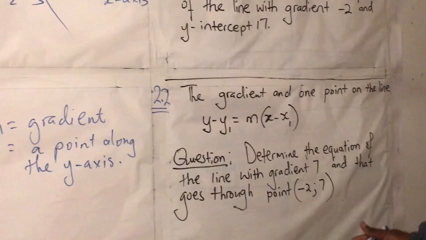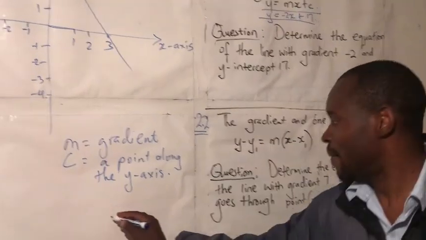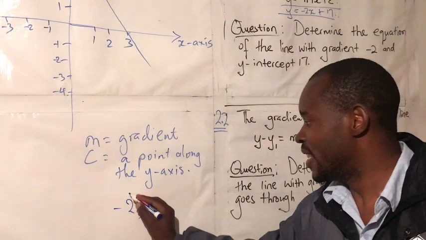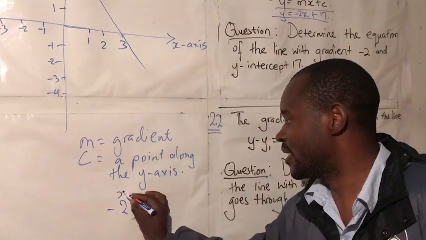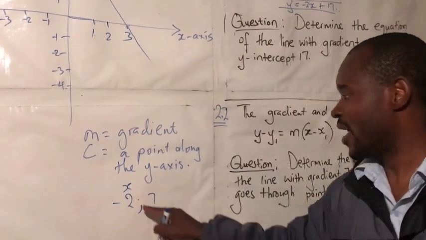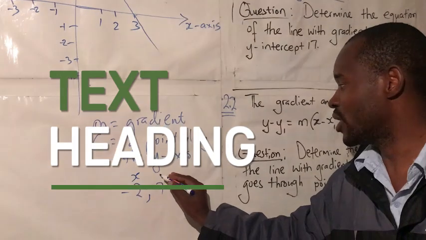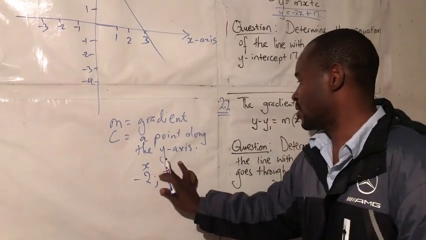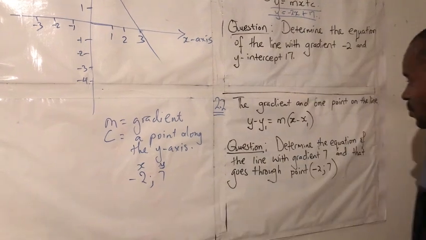So normally when you are given a point like this, -2 and 7, obviously you know that the x coordinate is the first one. The x coordinate is -2 and the y coordinate is 7.